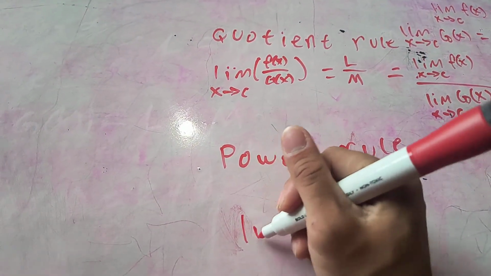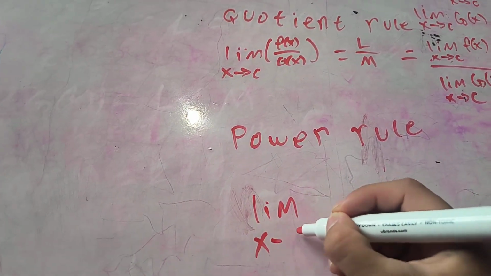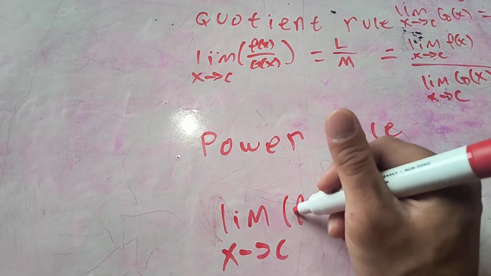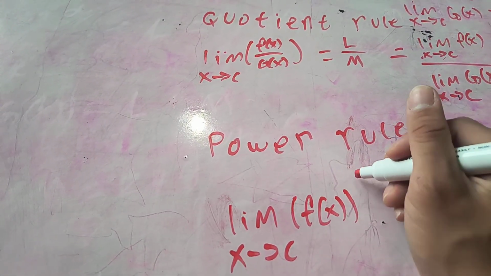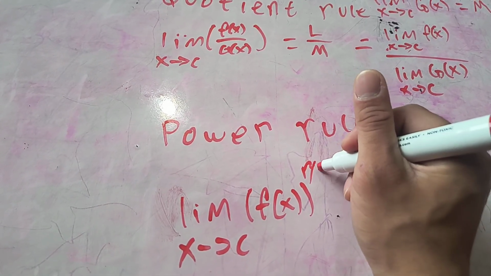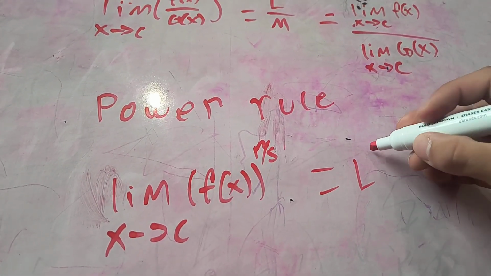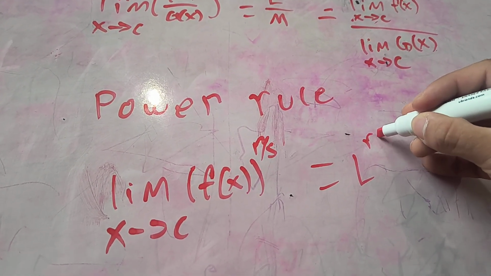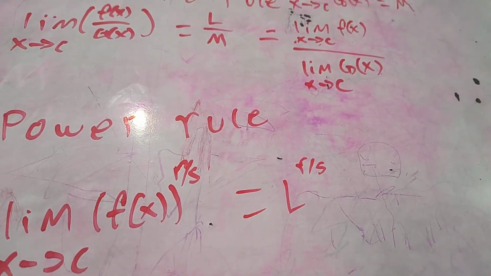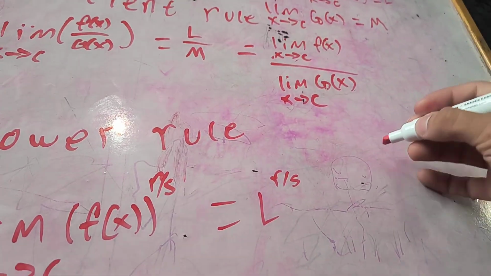The limit as x approaches c of f of x to the power of r over s is equal to L to the power of r over s, where r and s are two integers, meaning they're not fractions, and s is not equal to 0.